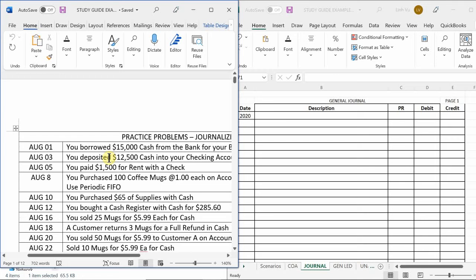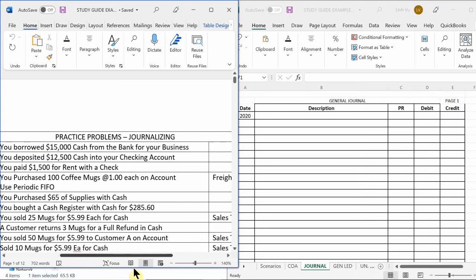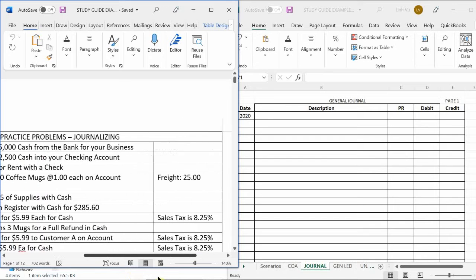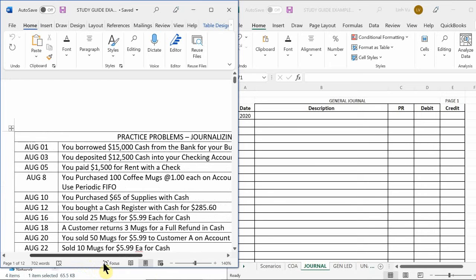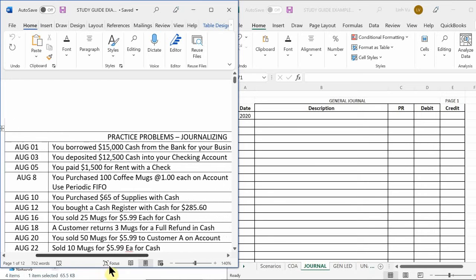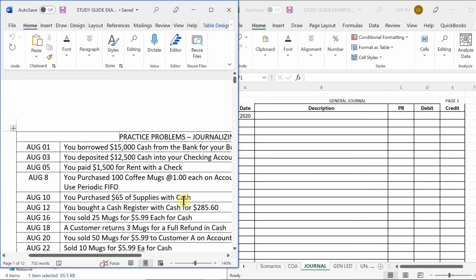Okay. First scenario we have here is on August 1st. You borrowed $15,000 cash from the bank for your business. Okay. So what is going to be the first thing I'm going to do? If I borrowed $15,000 from the bank, what does that mean?